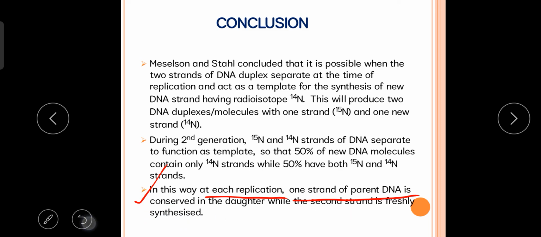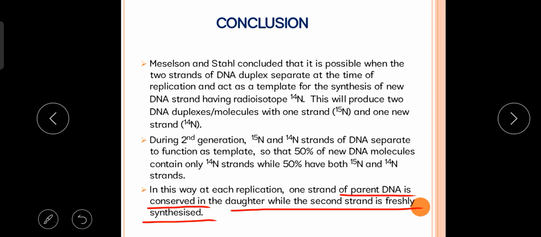That means in each replication, the parent DNA molecule strands separate from each other, and on each separated strand one new strand is formed. That means in each new DNA molecule, one parent DNA strand is conserved. Always the new DNA molecule retains one parent DNA strand, whereas the other strand is freshly synthesized.